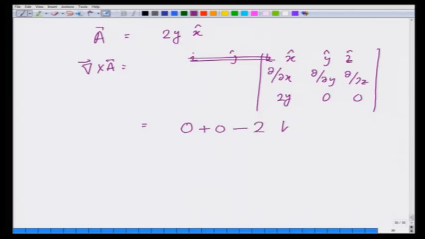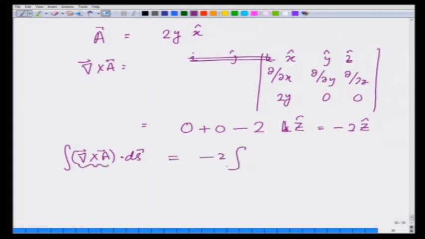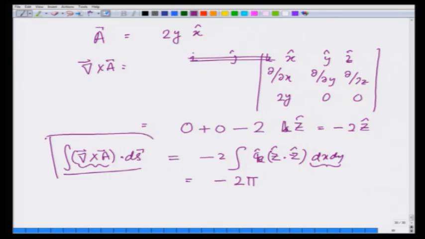So, curl of A is minus 2 z. So, how about this curl of A dot dS? Since curl of A is constant, I can take this out. So, minus 2, I have the z unit vector dot z unit vector, because in the xy plane the vector is in the positive z direction as I am going counterclockwise, dx dy, and this gives me the area of the unit circle, and therefore this is minus pi r square, minus 2 pi. That is the integral of curl of A dot dS.